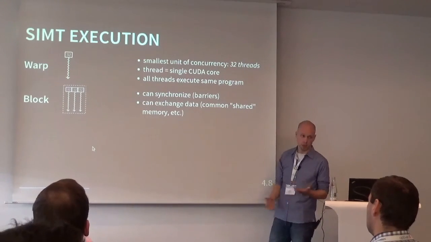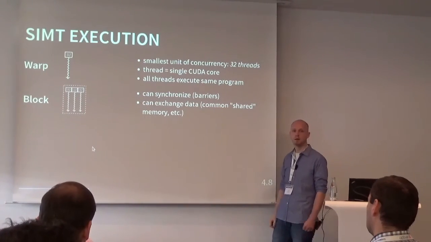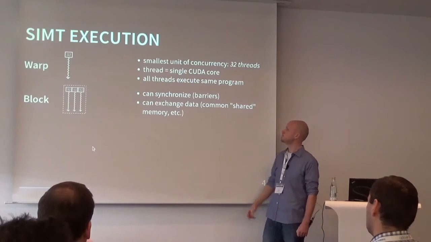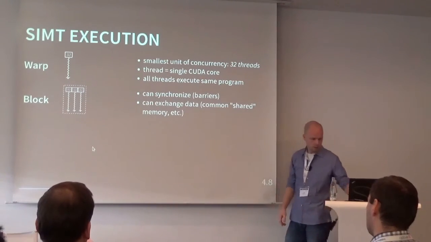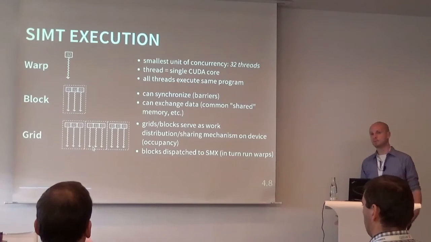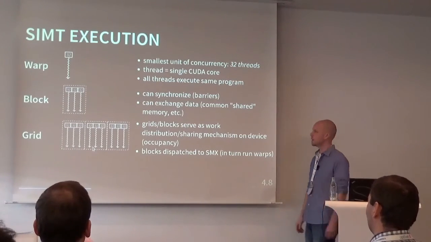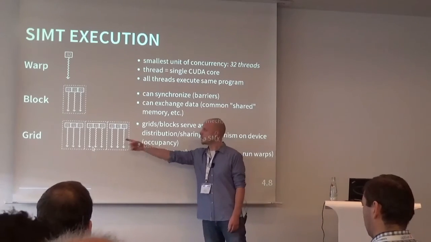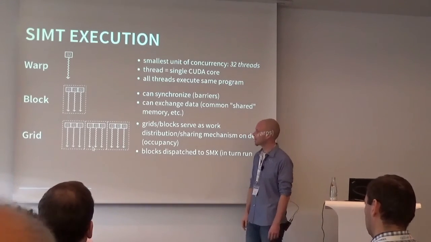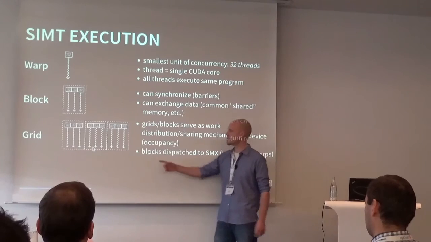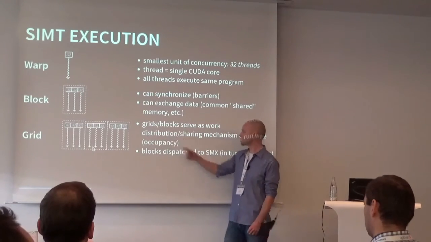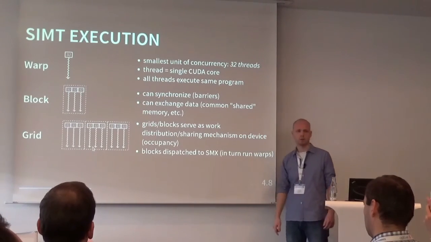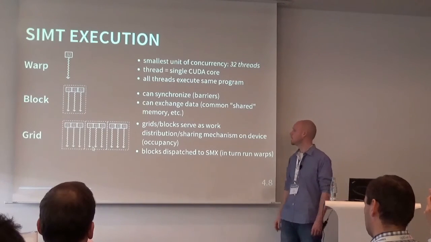They can exchange data through the memory compartments that I just showed, etc. And then, because life is not easy, and so is programming for GPUs, a bundle of blocks is called a grid. Basically, this whole construct serves as a work distribution mechanism, okay?